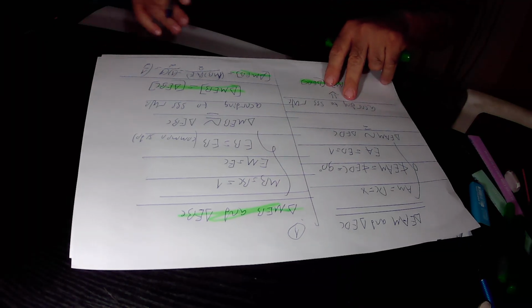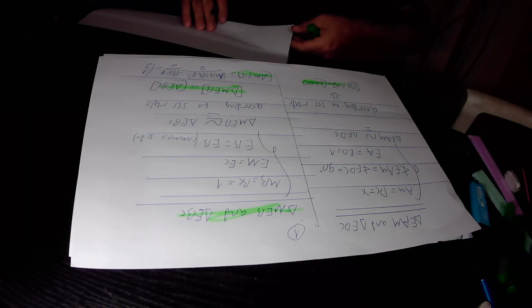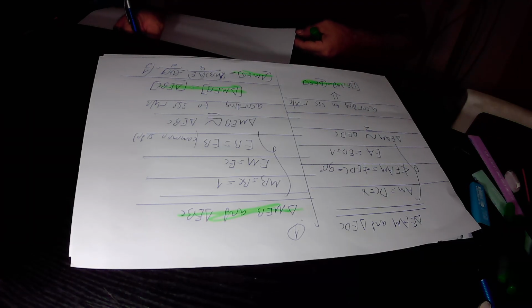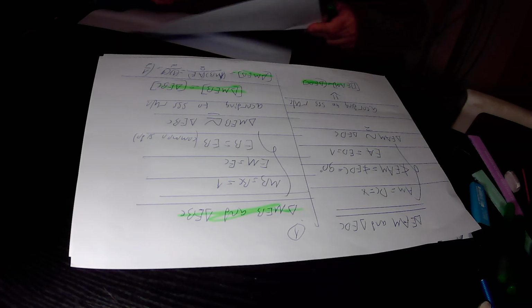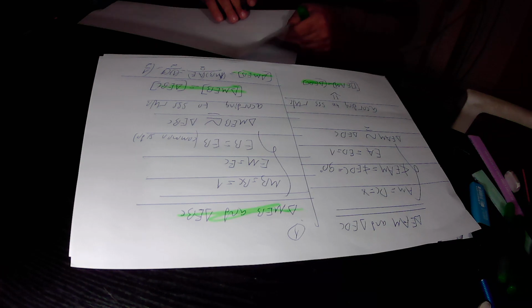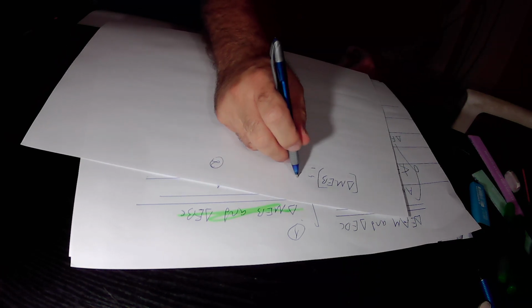So again, if you found out that the area of triangle MEB is equal to 1 half square inch in its size.